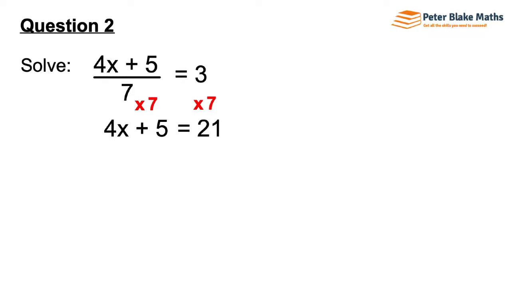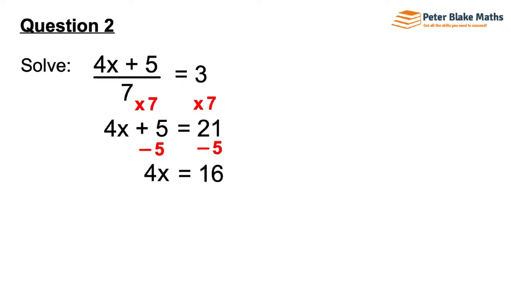And then we can just solve it like a normal two-step equation here. We'd like to move the 5 next. By doing the opposite to both sides, instead of plussing 5, we'll minus 5 both sides. The plus 5 and the minus 5 cancel each other out, leaving us with 4x on the left hand side, and 21 minus 5 gives us 16.